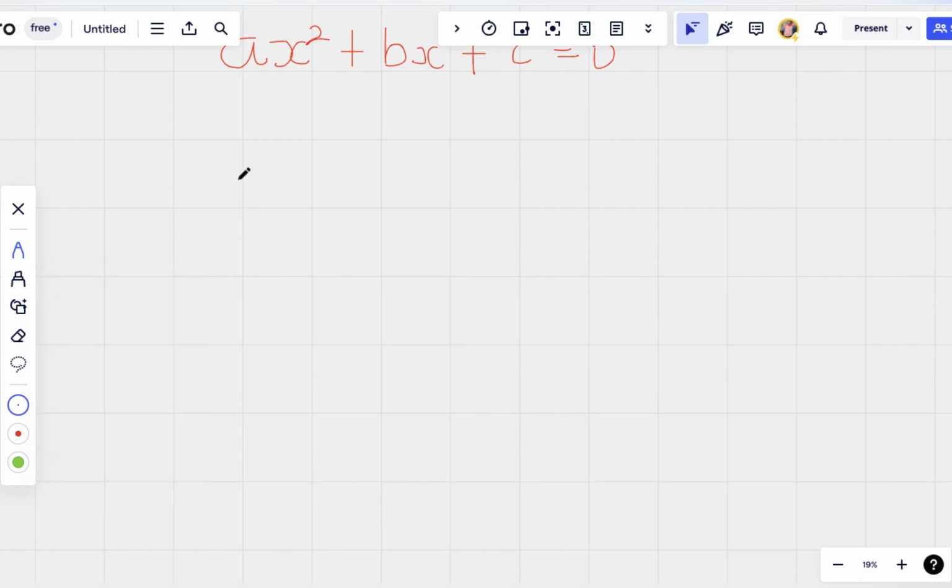Question 1. We have x squared plus 10x plus 9.